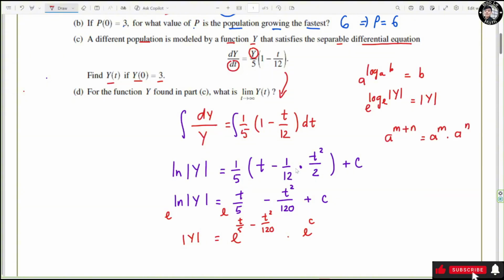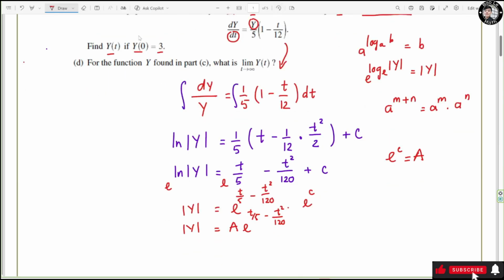Keep that in mind. Now I'm going to name e to the c as a. So this becomes absolute value of y equals a times e to the t over 5 minus t squared over 120.